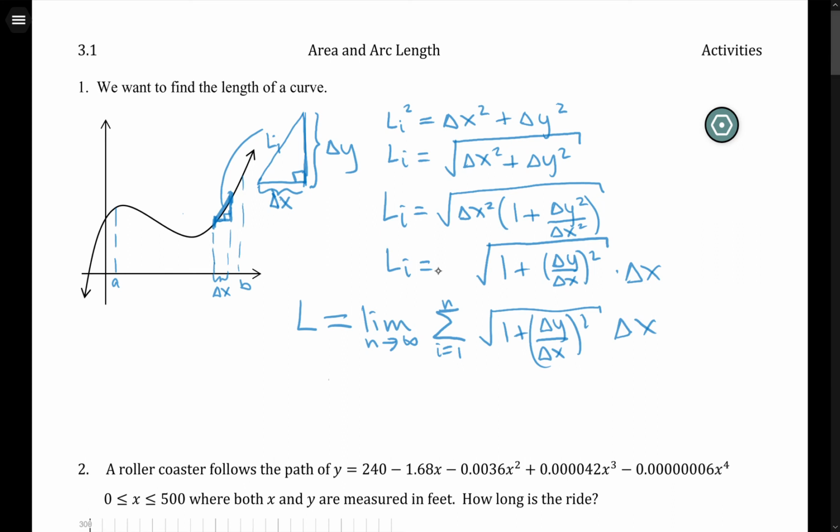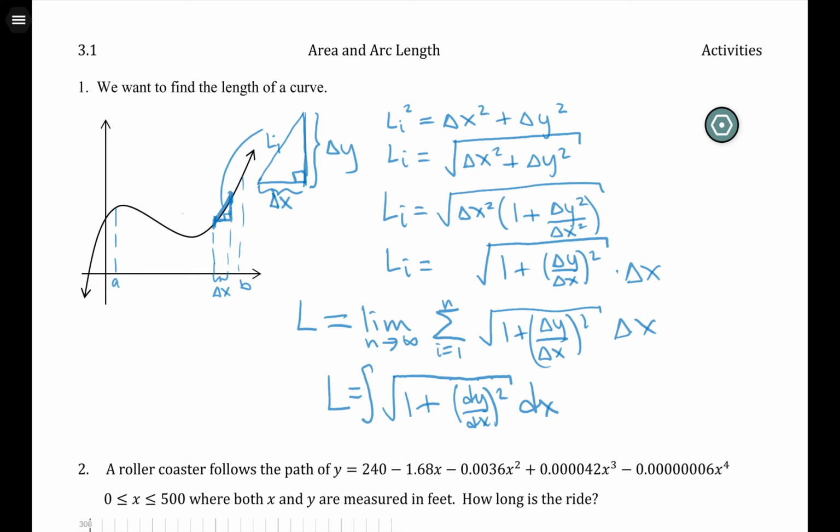And as soon as that happens, when we take this limit of our infinite sum, we should be getting our integral, L equals, and each term is going to be a square root of 1 plus, when we let n go to infinity and delta y and delta x become infinitely small, they become dy and dx. And that is our arc length formula.